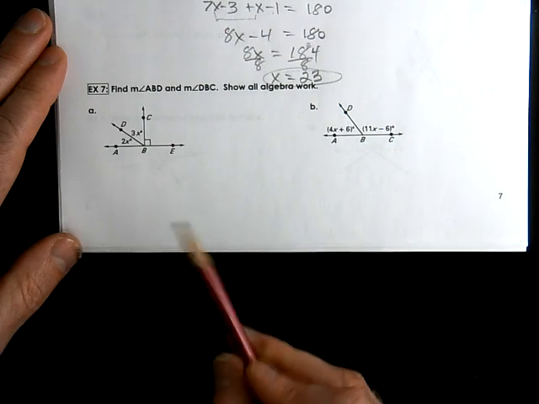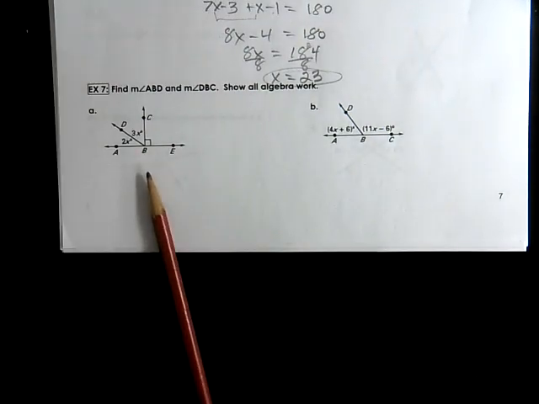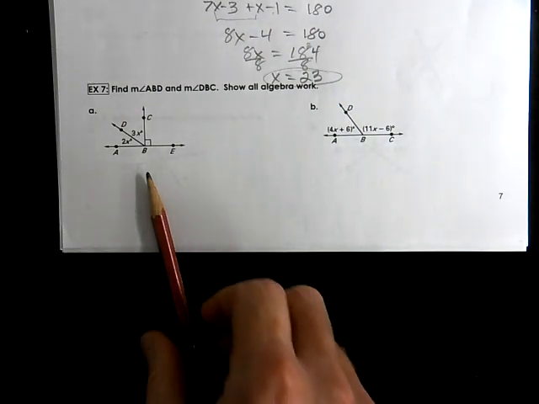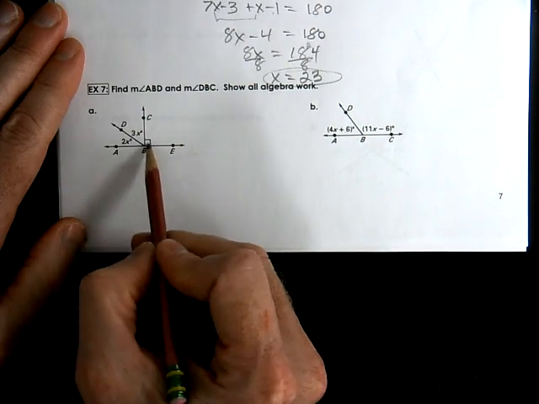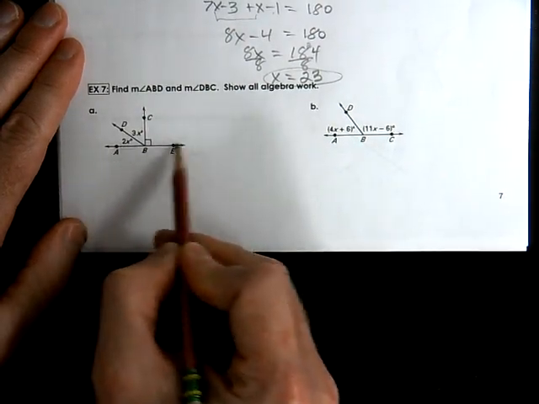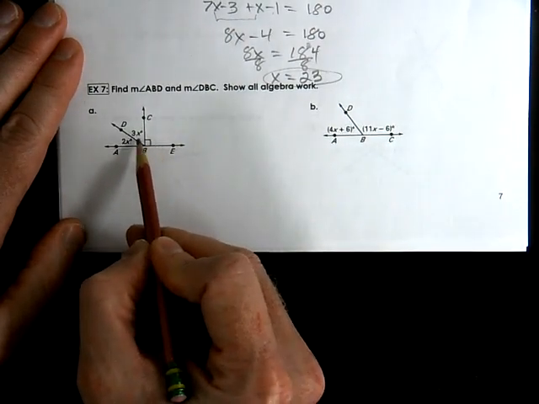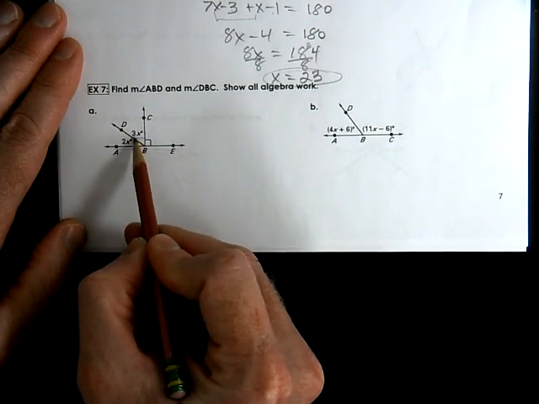What are we going to do here for letter A? We see that this is a straight line. One side is 90, so the other side is 90.